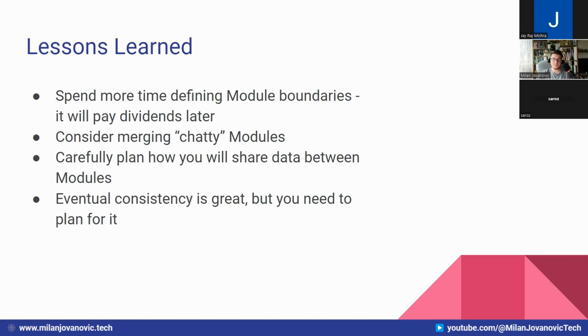One issue that we ran into was we had data that was being presented from two different modules, and these modules were eventually consistent. So the user interface was performing an update on the data of one module, and that was being immediately persisted in the database.